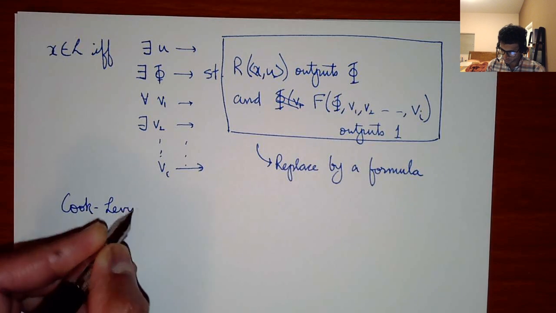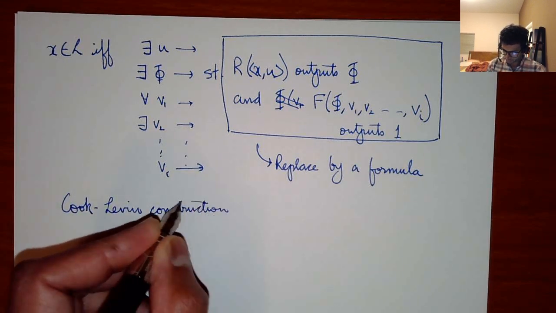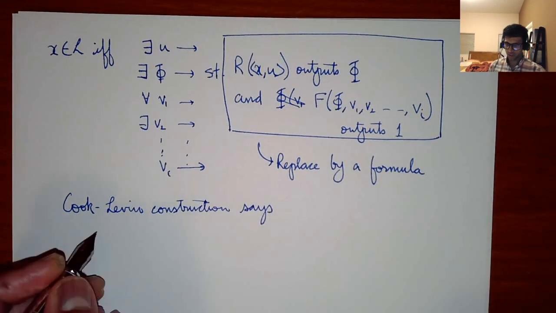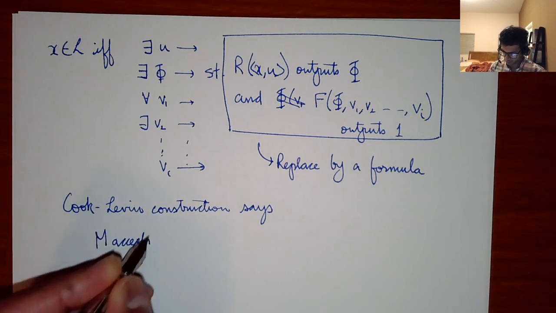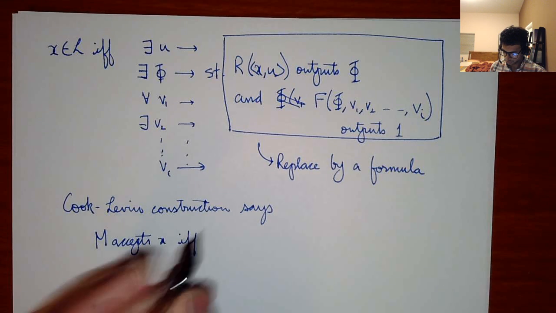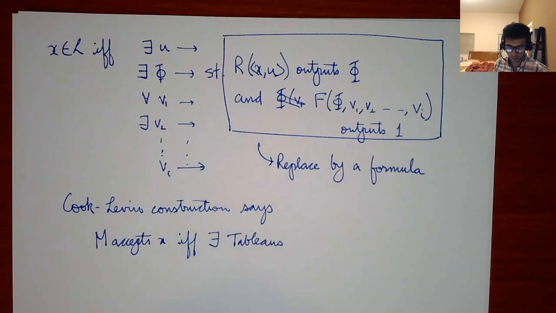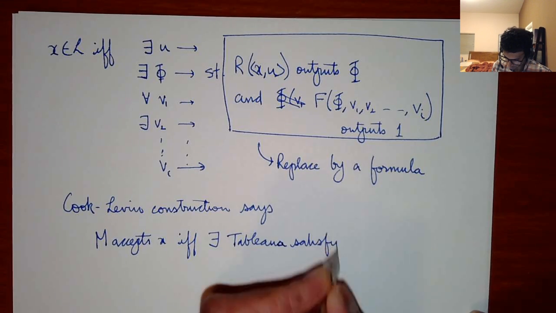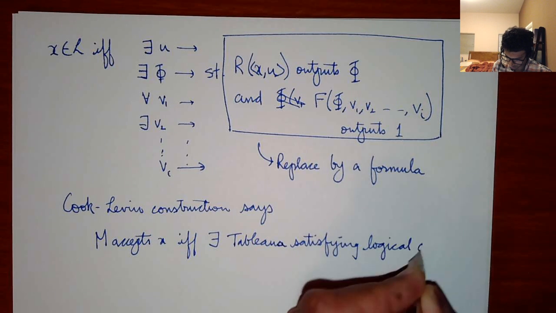Cook-Levin construction says something like, it says that M accepts X if and only if there exists a tableau satisfying logical conditions.